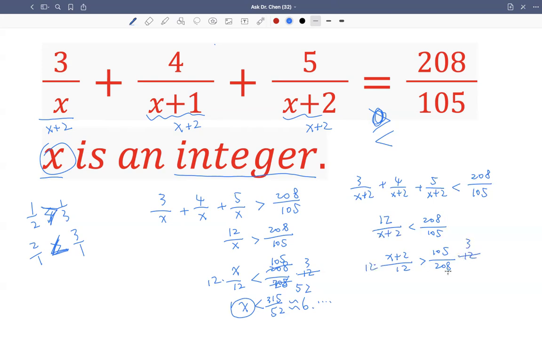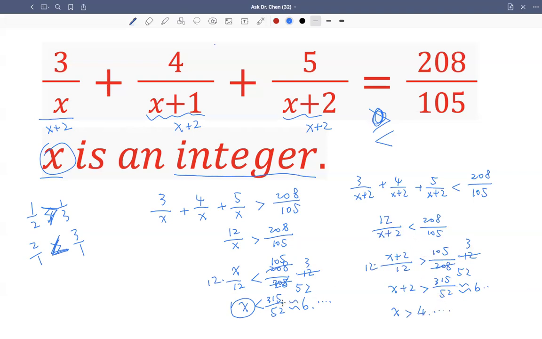Same thing, simplify. So that means x plus 2 is greater than 315 over 52, which is approximately 6 point something. And that means x is greater than 4 point something.